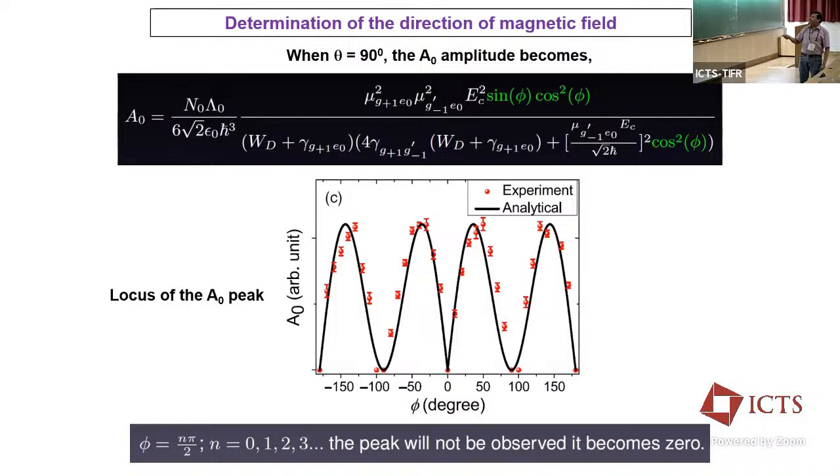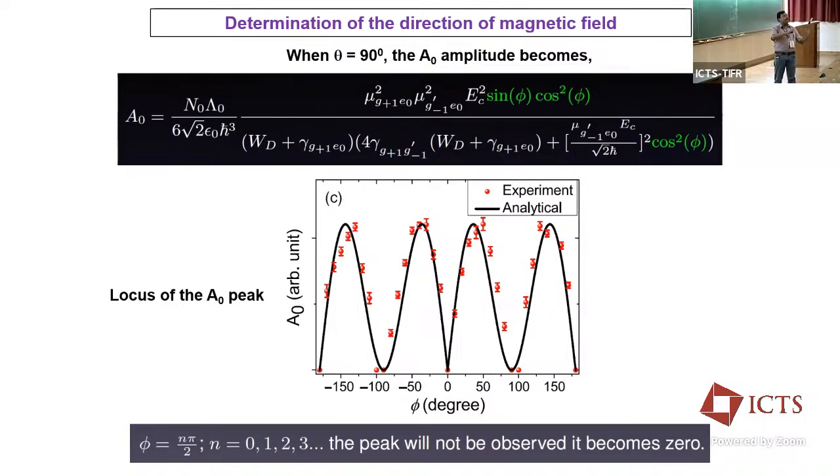So this is the locus of A0 that we find. Now, how can you get the direction of the magnetic field this way? This is for a magnetic field at theta equal to 90, but if you change the magnetic field direction, the locus will change, the zero points will move, and the entire thing will shift.